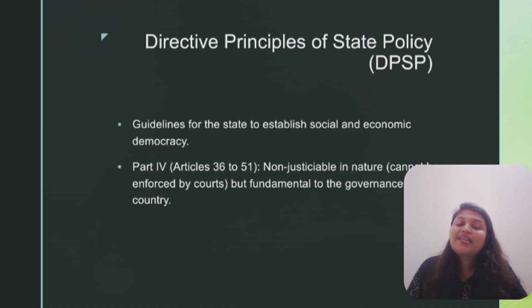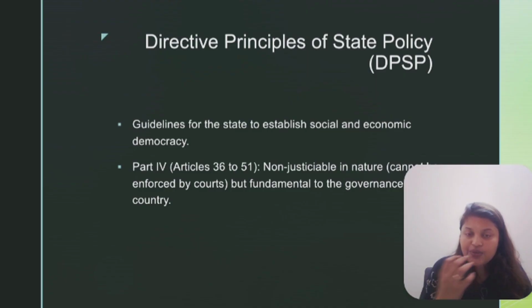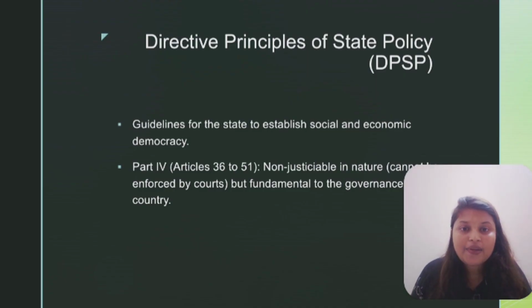So going on with the directive principles of state policy, what are directive principles? They are actually guidelines for the state to establish social and economic democracy, right? So whenever a state wants to make laws, it should keep these guidelines in mind and make a law in a way that fits these DPSP, the directive principles given by the constitution.